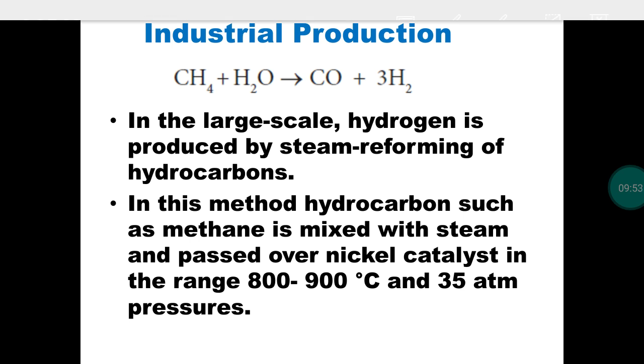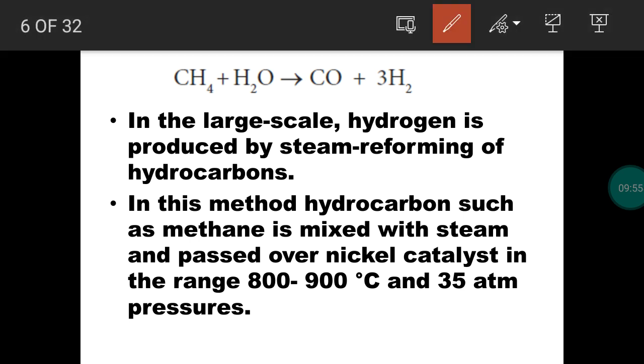And now large scale preparation or industrial preparation. For that we take methane gas. When steam is passed with methane gas at higher temperatures, we get a mixture of carbon monoxide and hydrogen.